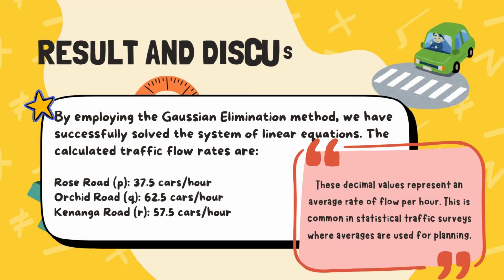As for the discussion, the result shows that Orchid Road, Q, has the highest volume of traffic entering the neighborhood, which is 62.5 cars per hour, suggesting it is the primary access route. As for Rose Road, it contributes the least amount of traffic, which is 37.5 cars per hour.